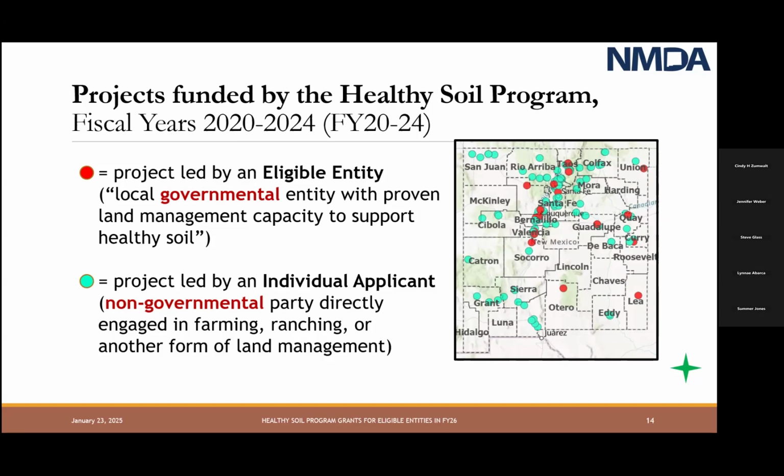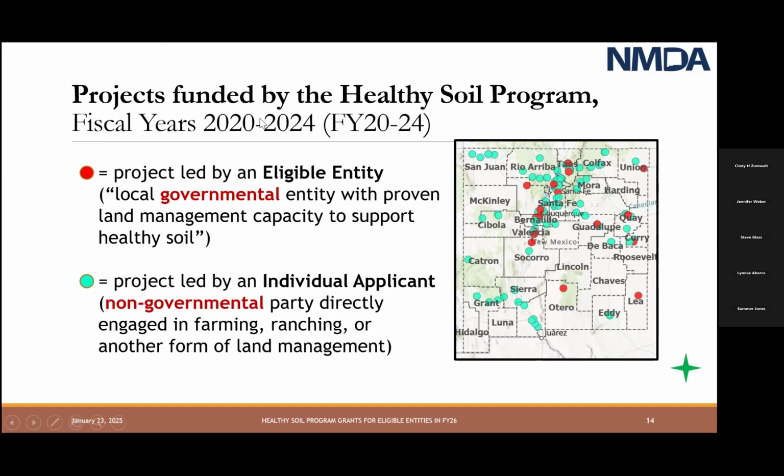So you can click on those dots once you get to the online map. Click on those dots. It'll give you a summary of the projects that have been completed by eligible entities. But then also you might want to look at some of the individual projects that we've funded in the past. Those are the turquoise dots there, and you can click on those and see what some of the individual applicant projects have been in the past.